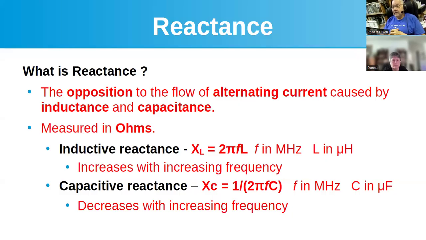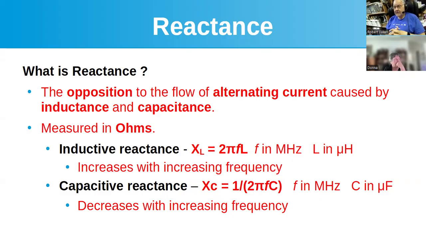If we do frequency in megahertz, we can do the inductance in microhenries. Otherwise, you would do them in hertz and henries. But in the real world, it's a lot easier to do megahertz and microhenries.